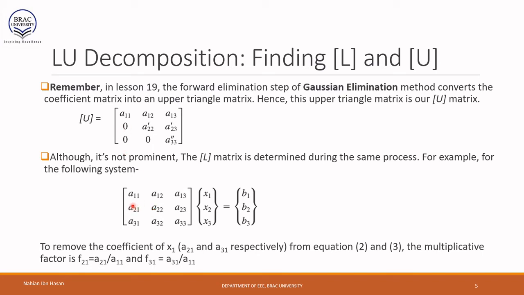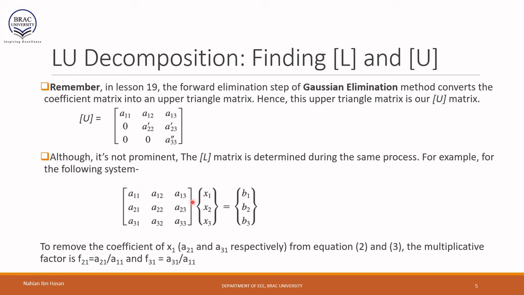To remove the first 2 elements from the first column, A21 and A31, we first multiply the first row with this value, A21 divided by A11. A11 is the pivot coefficient and the first equation was the pivot equation.